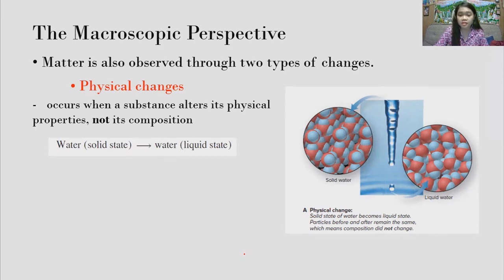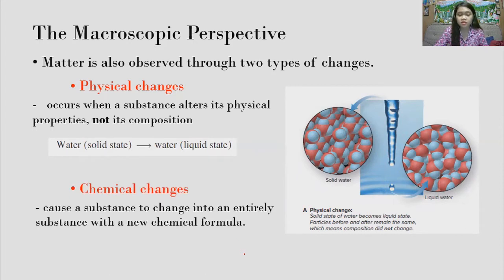As you can see, there's a change in its physical property, from solid to liquid, but not its composition, because the composition of the ice and the liquid water is still water. So this is an example of a physical change.